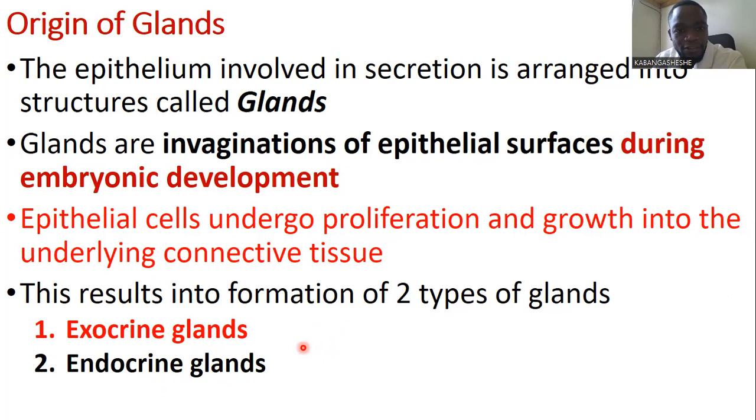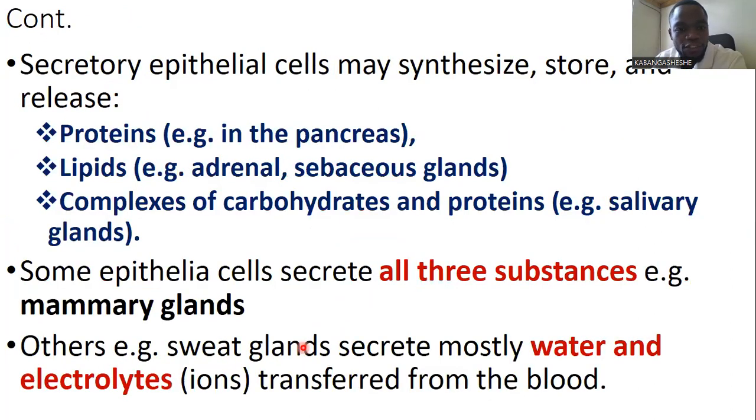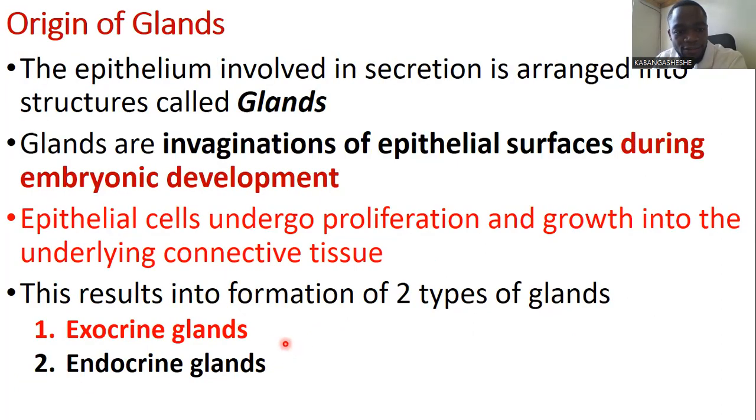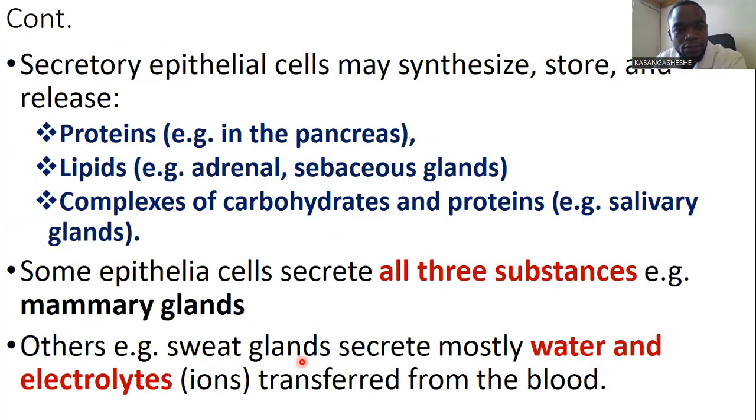Now, glands produce various products. So our focus today will be on exocrine glands. Endocrine glands, we'll discuss under the endocrine system. So we're saying exocrine glands produce various products.